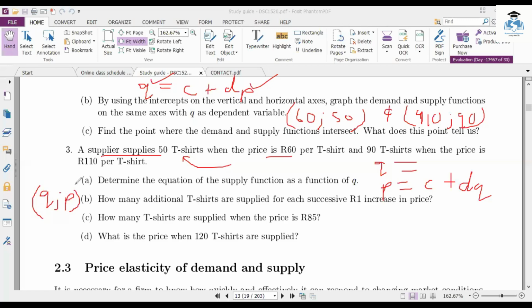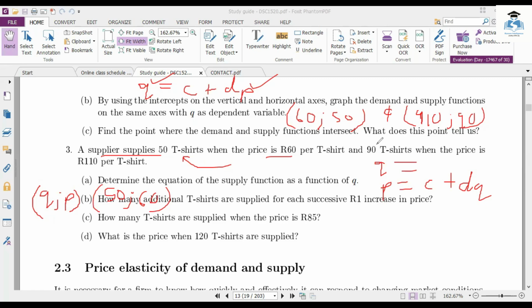Now, which one is Q and which one is P on these numbers? You see that Q will be 50, and then P will be 60.